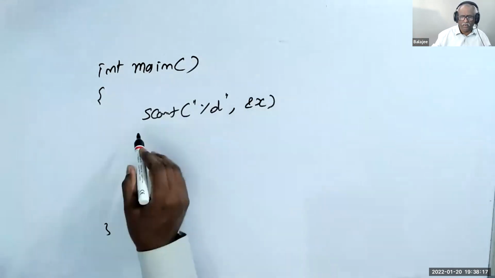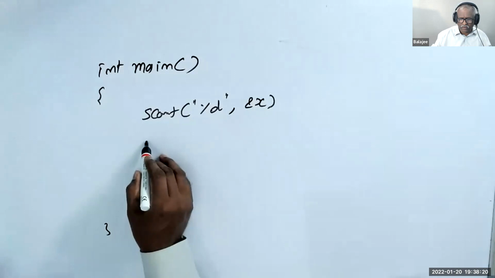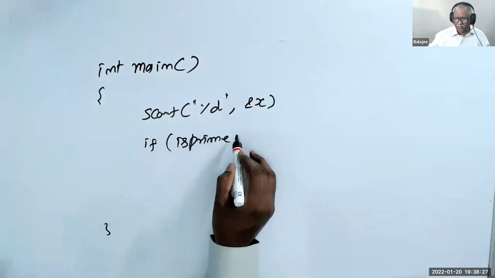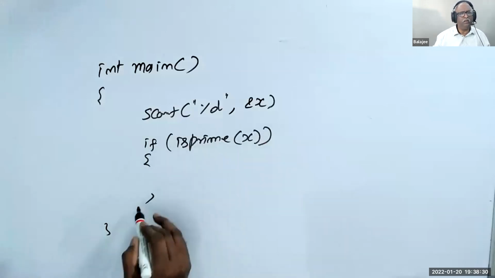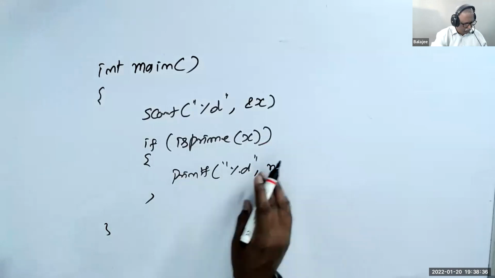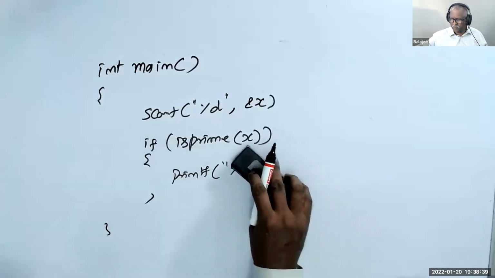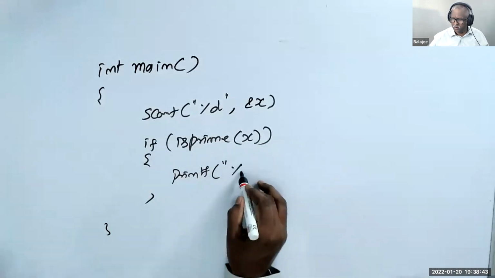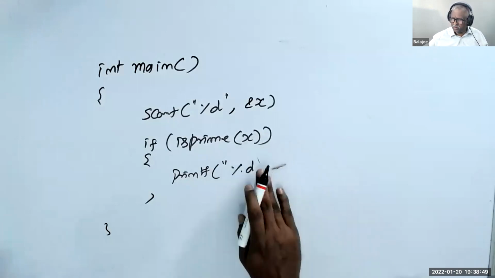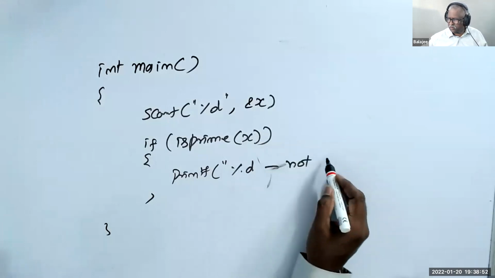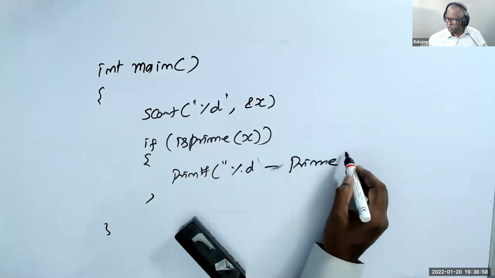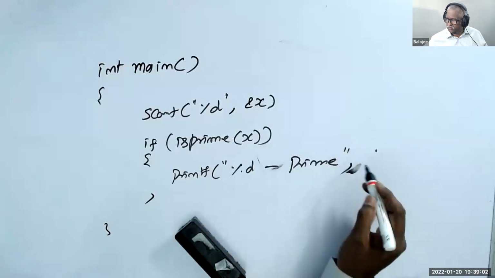And x. Then if is prime x, printf, sorry, not is prime, sorry, comma x.